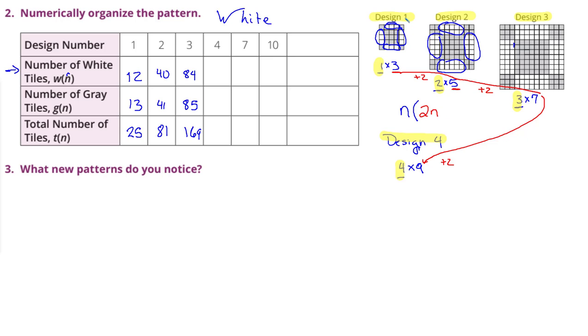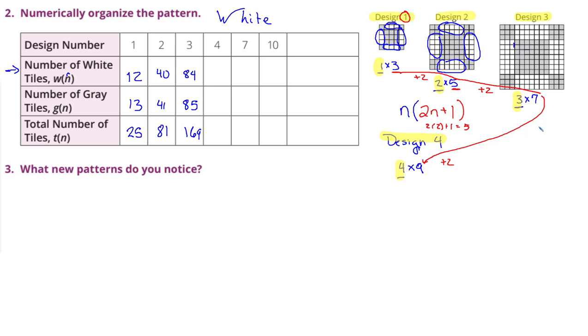And so let's check it. We're taking that design number, 1 times 2 is 2, plus 1 gives us a 3. So let's check and see if 2n plus 1 will give me 5. I'm plugging in the 2. So 2 times 2 plus 1, that does equal 5.